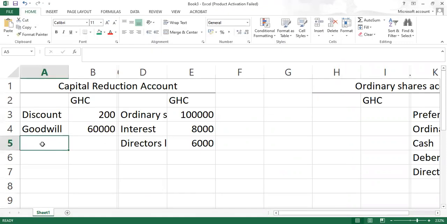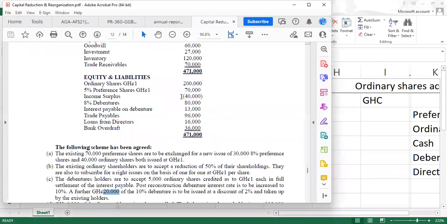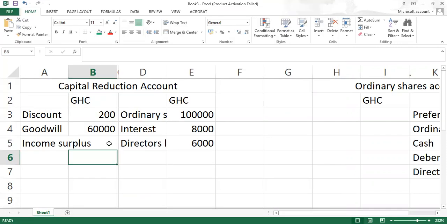Okay, so income surplus will be a loss. So every time you are doing reorganization, you write off the income surplus, whether the question says so or not. You write off goodwill and income surplus. You can't be making a loss and still be saying that you have a good name. So income surplus is 40,000.